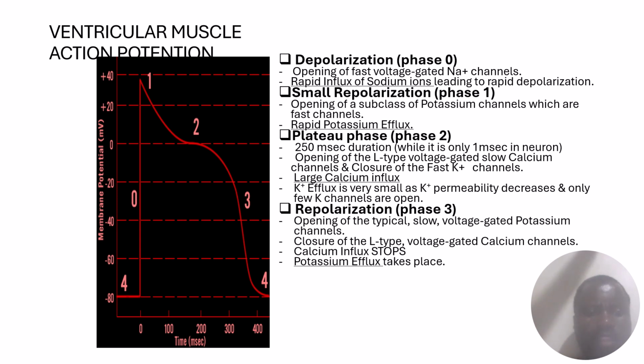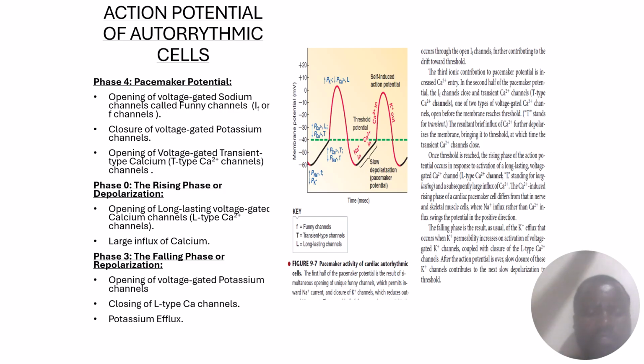This extends the action potential in an almost unchanged state, what is called a plateau, phase 2. But these two close, and therefore the late potassium channels open and cause repolarization, sending the contractile cell into resting.